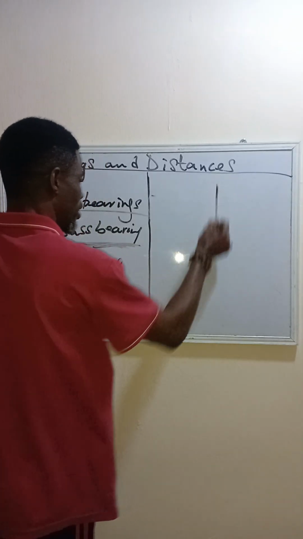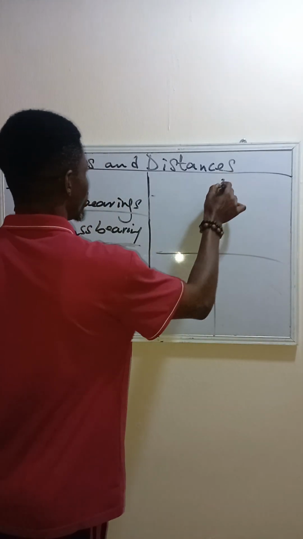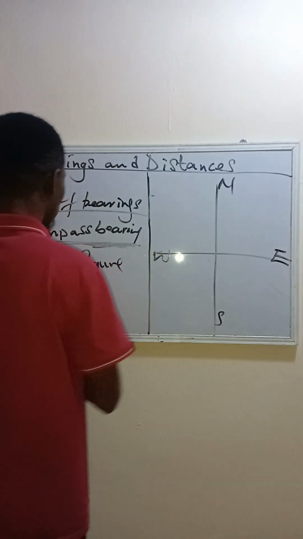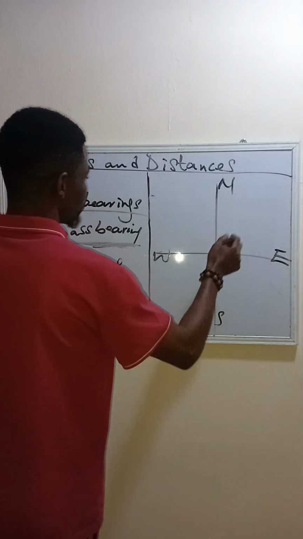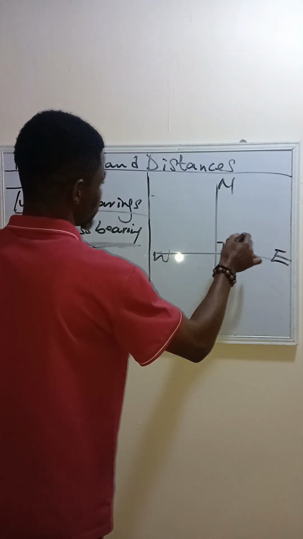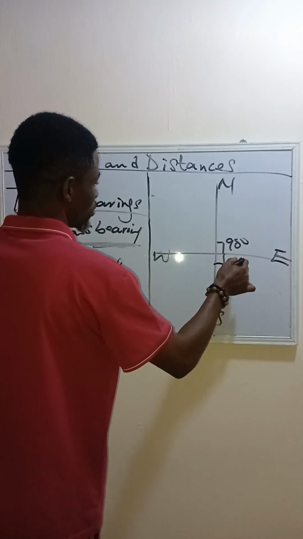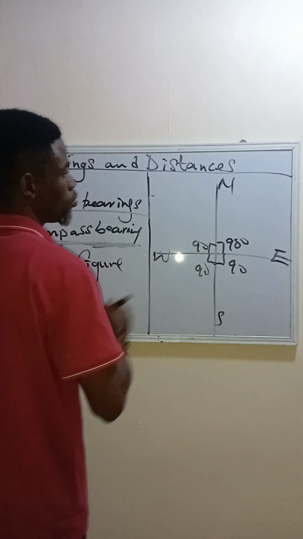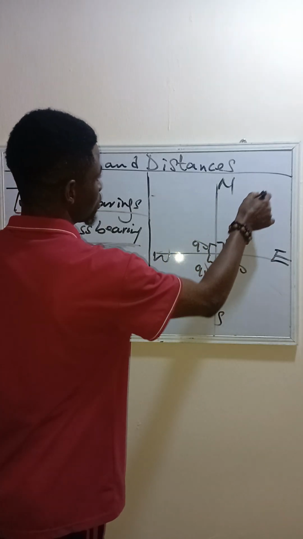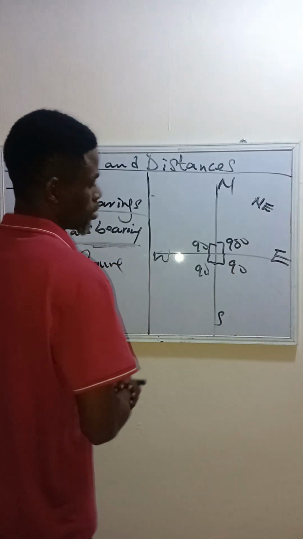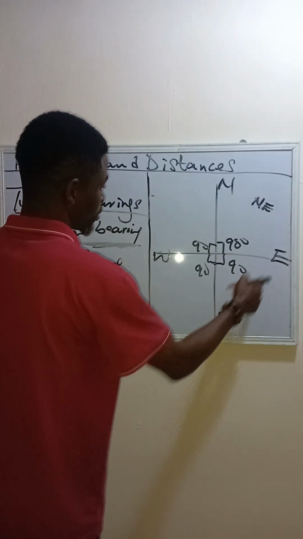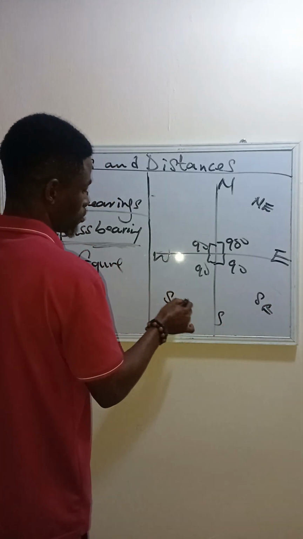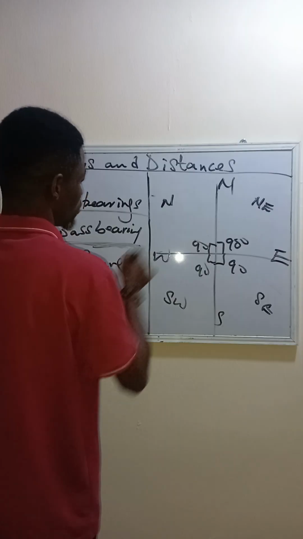When you have four cardinal points, where we have north, east, south and west, each of these cardinal points represents 90 degrees. Now we have northeast, southeast, southwest, and northwest.